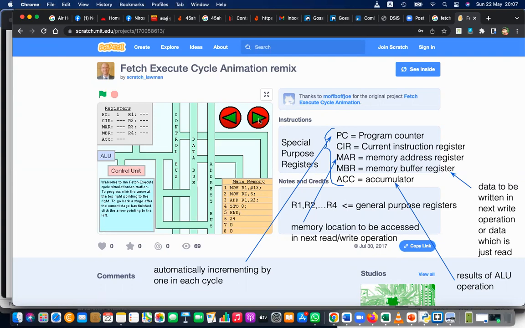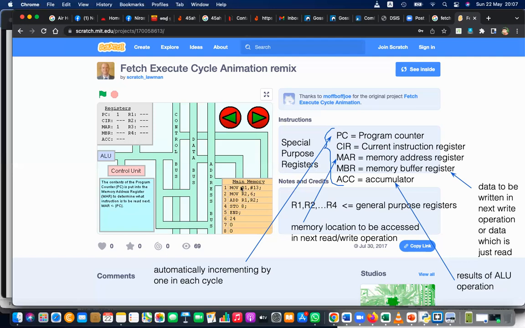So you can see when I play this, PC is copied to MAR. Why? MAR holds the memory location to be accessed in the next read write operation. So memory location 1 will be accessed.